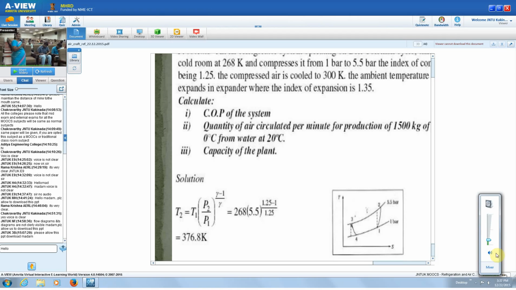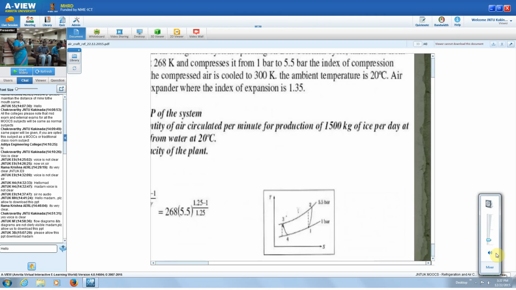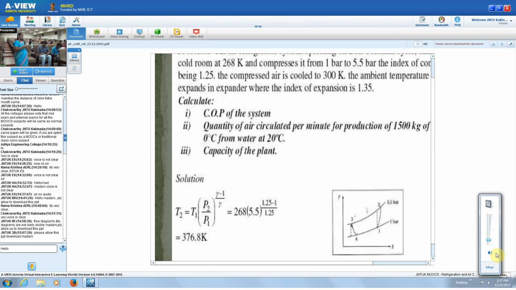So T3 is given as 300 and ambient temperature is given as 20. And T1 is given as 268 Kelvin.